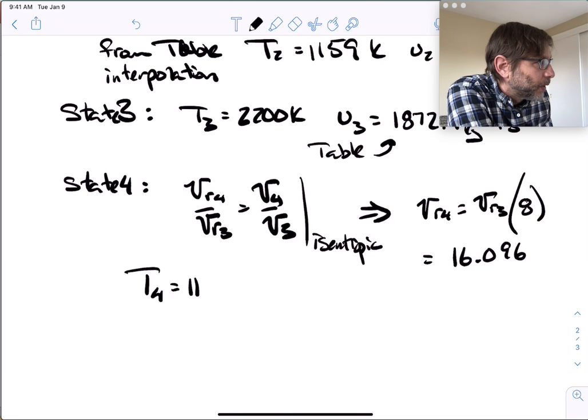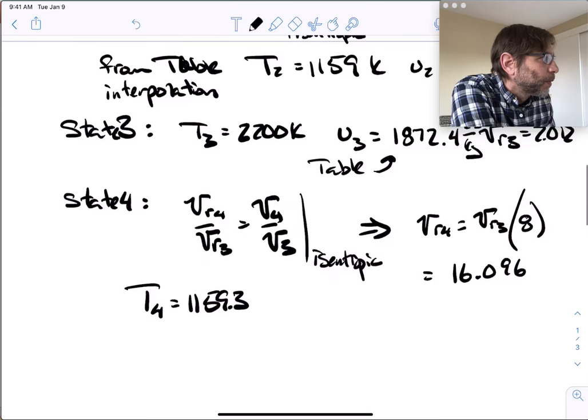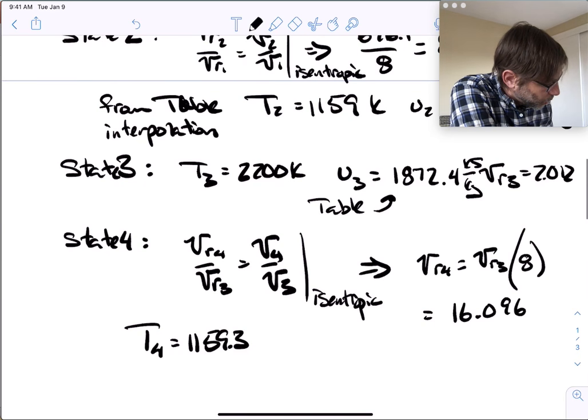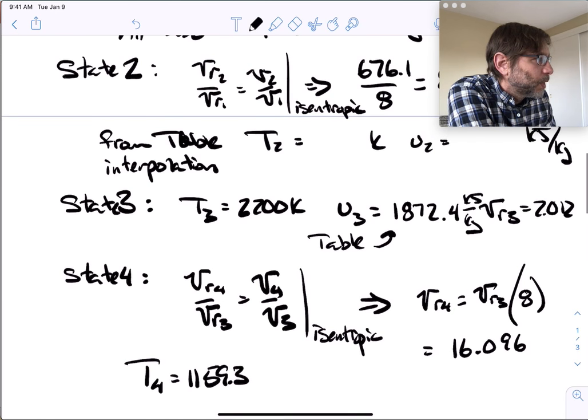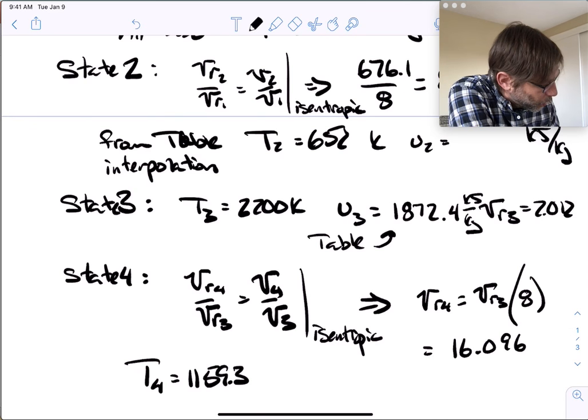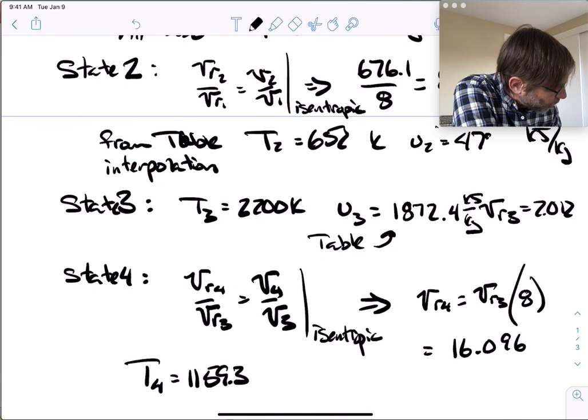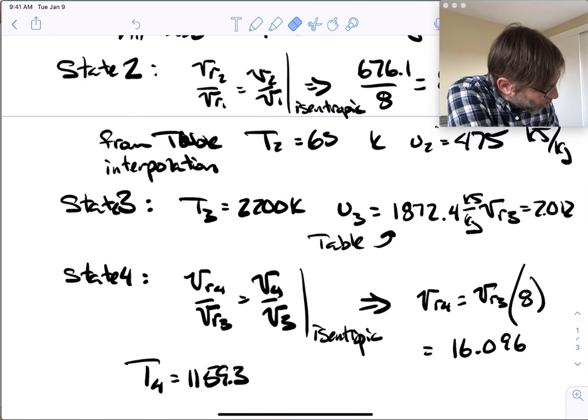And therefore we get T4 equals 1159.3. Oops, what happened here? Why is that the same? No, because I looked this up wrong. Shoot, I looked in the wrong part of the table. So these are wrong. Let's get this right. T2 is equal to 652, and u2 is 475.